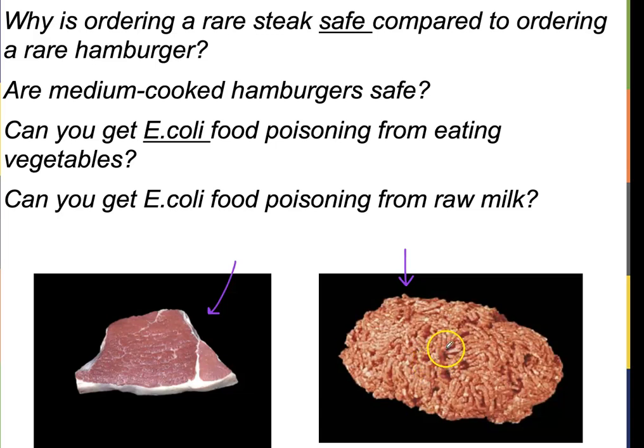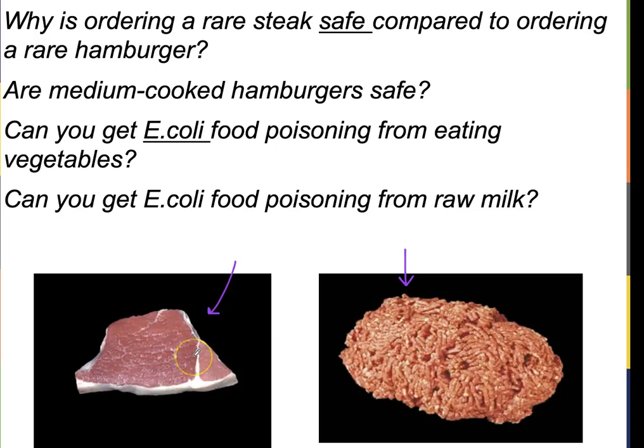And it is the surface area. All this ground beef has a lot of surface area. So the E. coli can be hiding in the middle of this pile of raw meat. If you don't cook the middle of the raw meat, you're going to allow the bacteria to survive. So when you have rare hamburgers, that internal temperature does not reach high enough to kill the bacteria, and you can end up eating living bacteria.